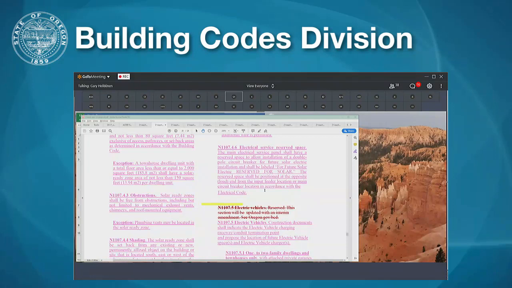I think in the context of a voluntary REACH code, I don't see that as much of an issue. I think the issue back when we were reviewing it as part of the base code is that it would impose those requirements on all new homes. So I just thought I'd mention that.